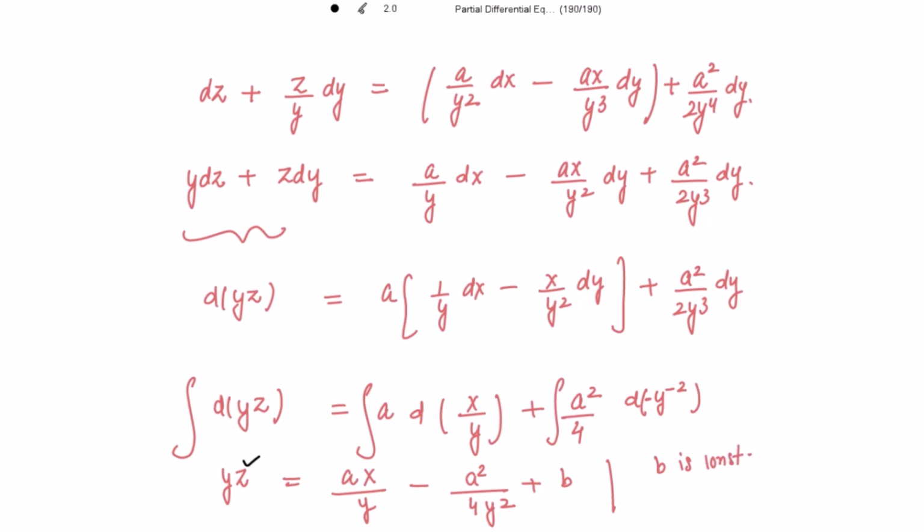So now we have got the value of z. You can also divide all over this equation by y to get z alone on the left hand side, or you can leave it as it is. So this is your required complete integral for the given equation. Okay, thank you.